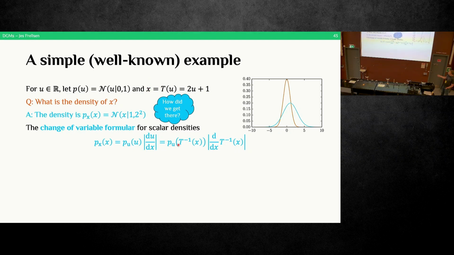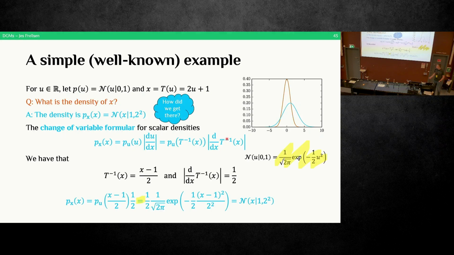So P of u, I have to evaluate that in the inverse transformation evaluated in x, and then du dx is basically the derivative of the inverse function. So we can actually write this down. The inverse here is fairly easy to calculate, right? We subtract 1 on both sides, and then we divide by 2. So this is the inverse function.